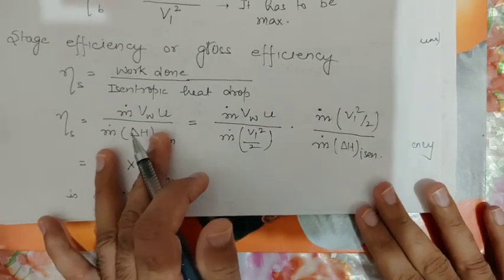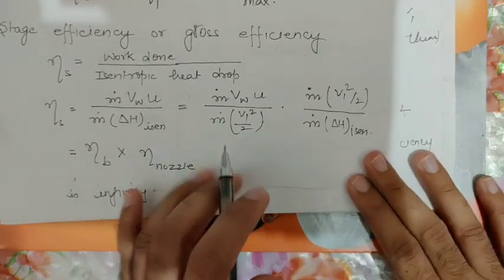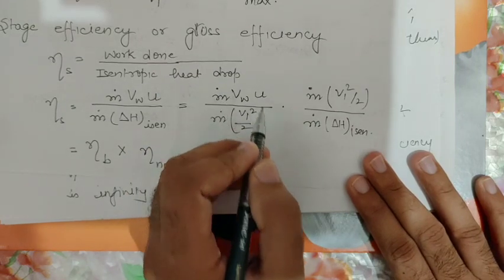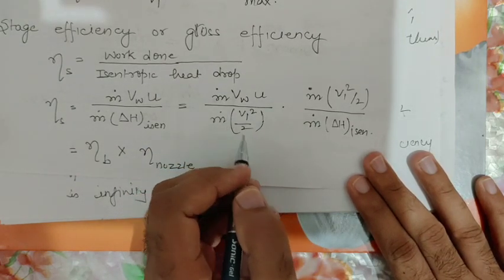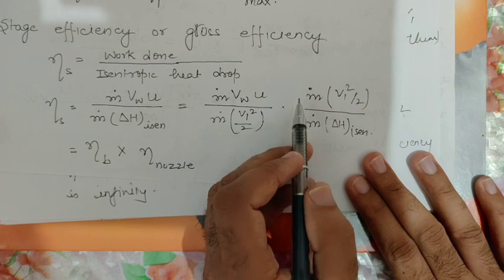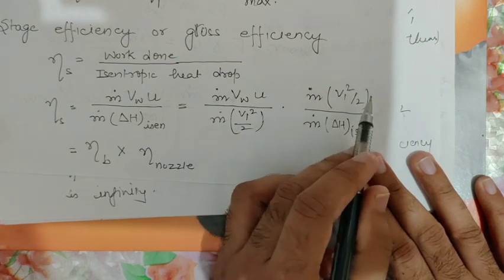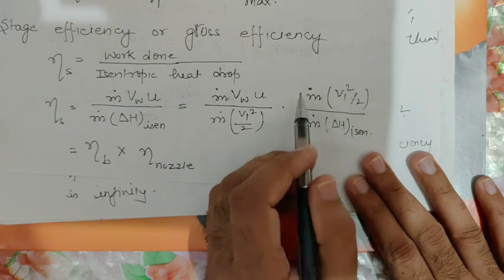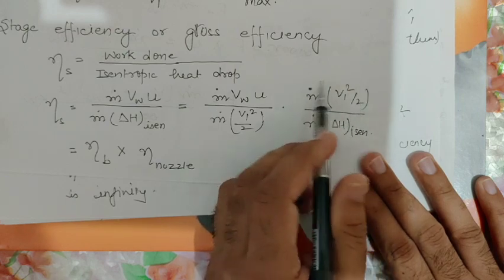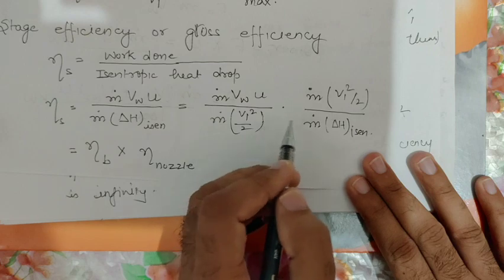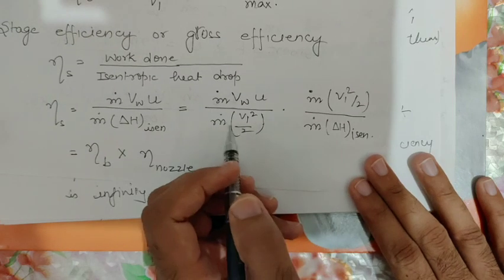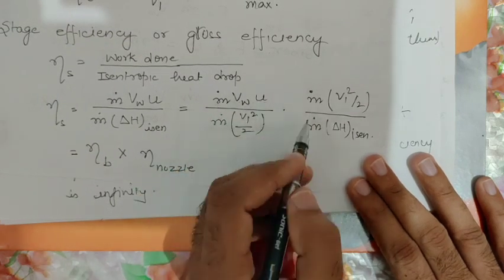It can also be modified: m dot Vw u divided by, we multiply as well as divide by the kinetic energy entering the blade, m dot V1 square by 2, on both sides. So it can be written like this.